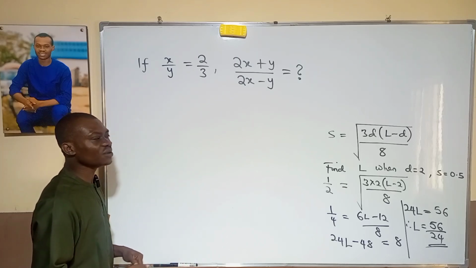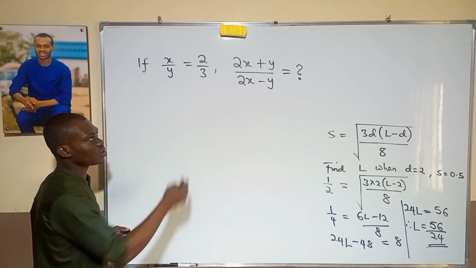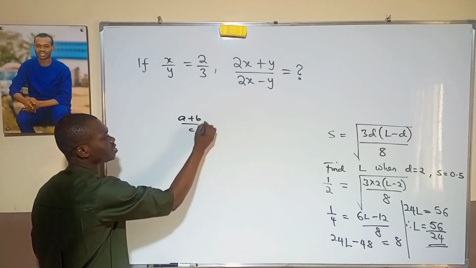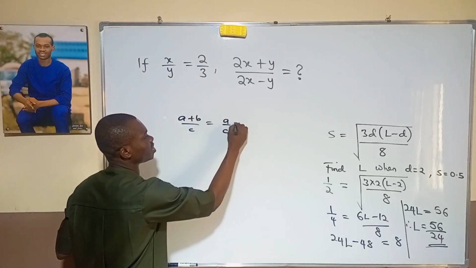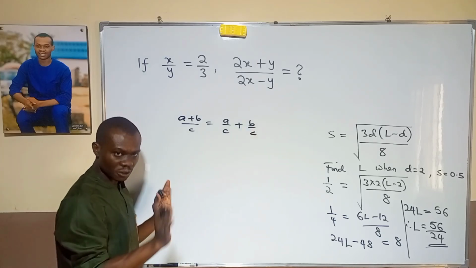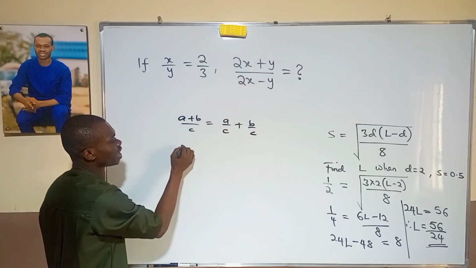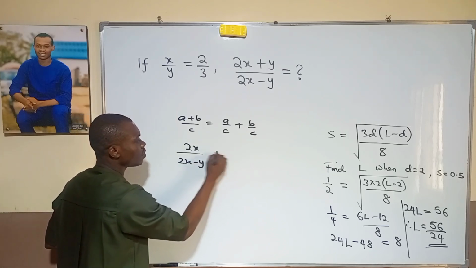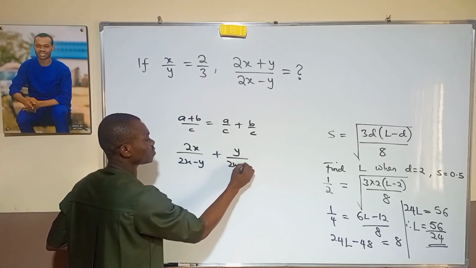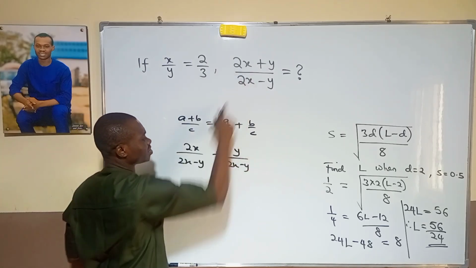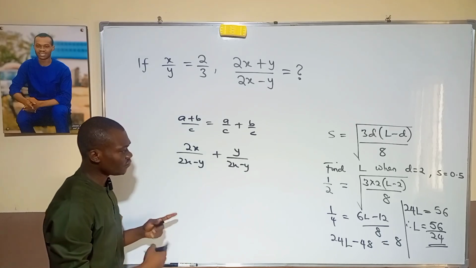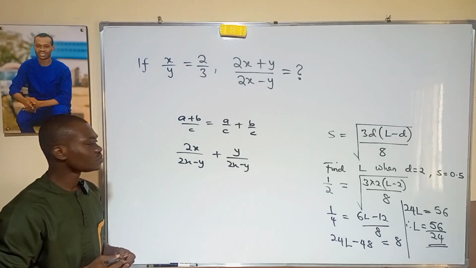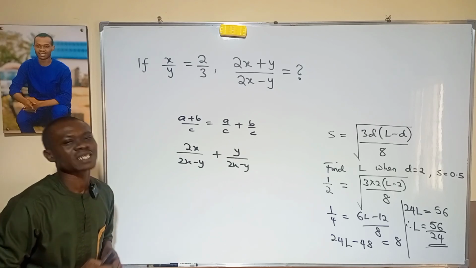On face value, any student would think, okay, by fractions, I know a plus b over c is the same as a over c plus b over c. Beautiful. And so let me try to do 2x over 2x minus y plus y over 2x minus y. Are you aware that this is the same thing as this? Yes, it is. Very correct. But the question then is, where does this lead you?